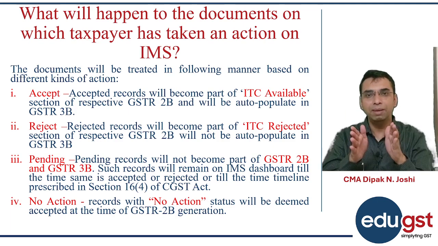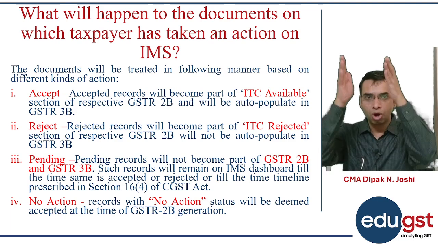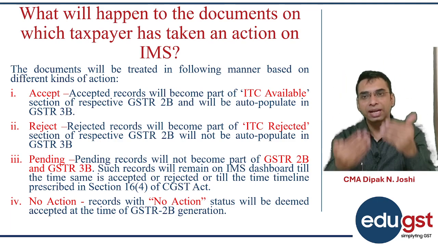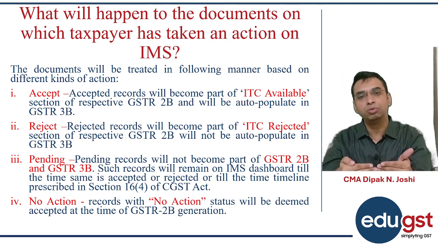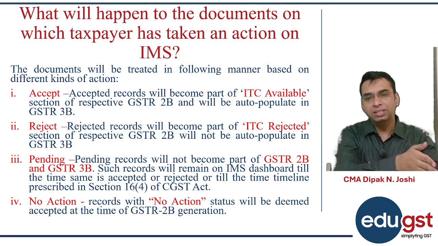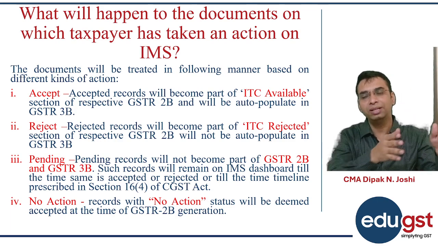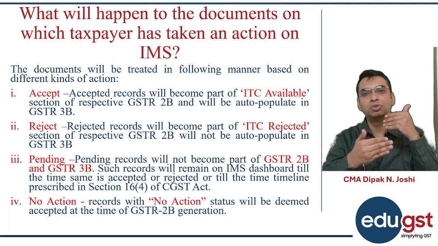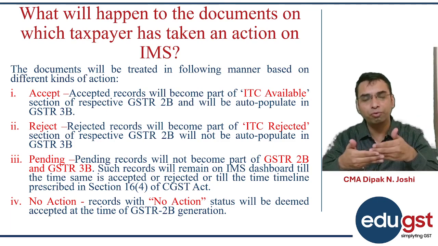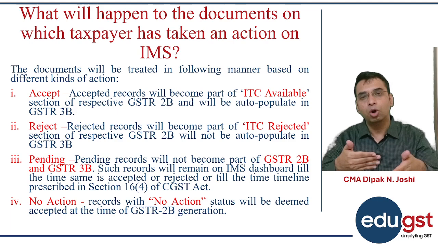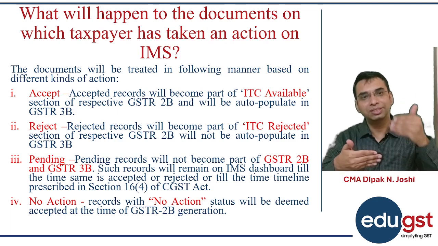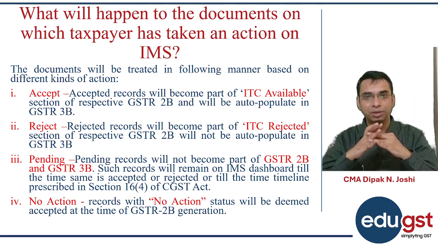ITC available contains the details of all the documents on which ITC is eligible to the taxpayer, and ITC not available, that is the second tab, is where you will find the details of ITC which is not available either on account of place of supply or on account of section 16 subsection 4, that is time limit.